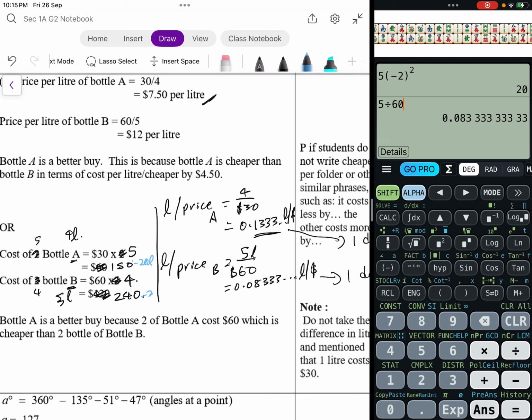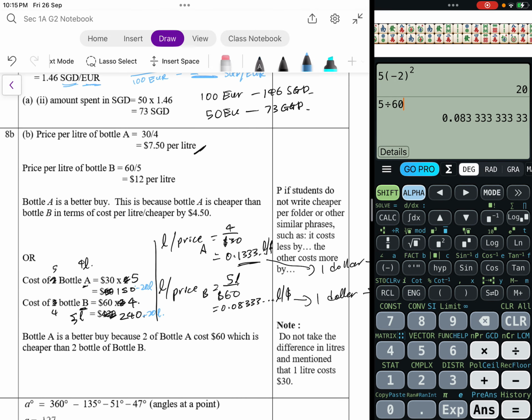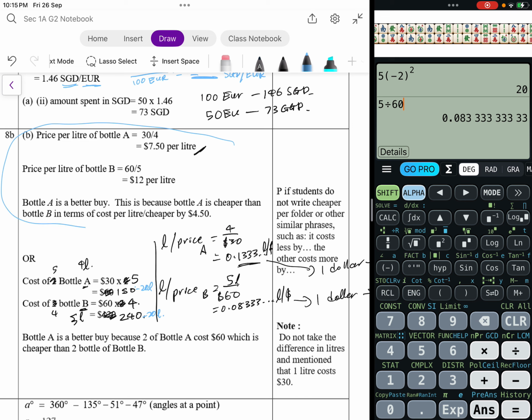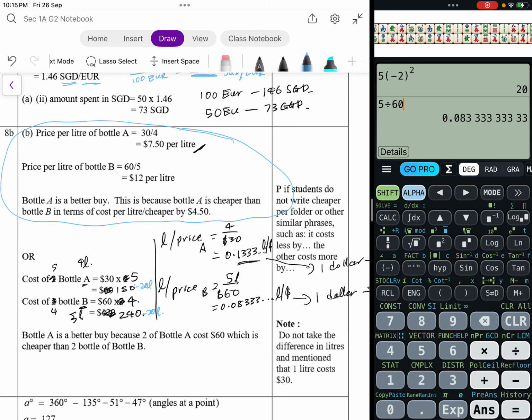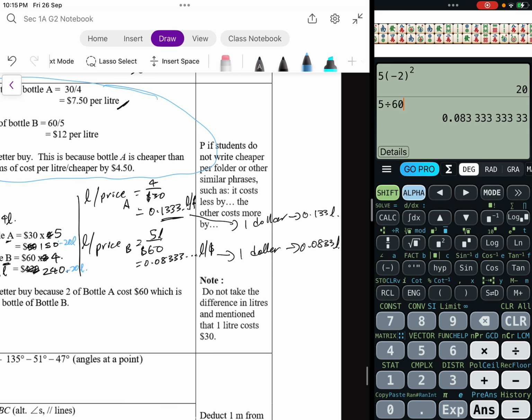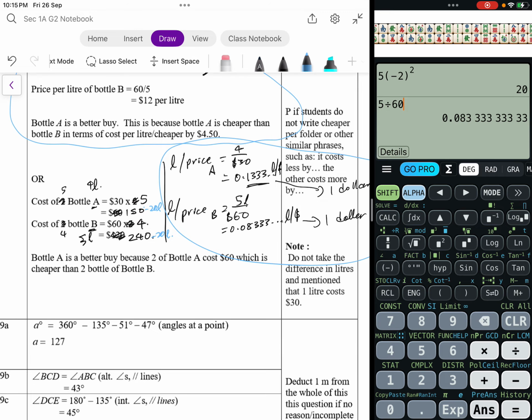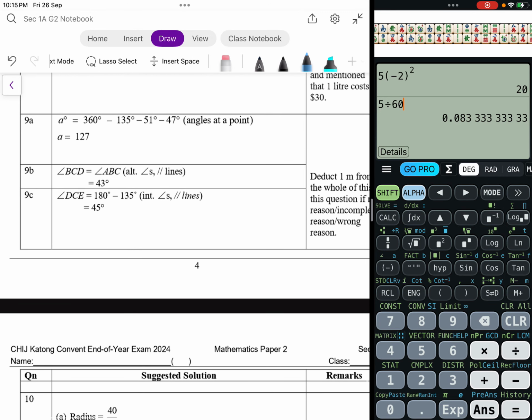This one is 20 liters. So when the liter is the same, you compare the cost, A is still cheaper. Okay, so up to you. I will say that this is the best, easiest, straightforward, easy to explain. This one may be difficult for some of you to explain, if you don't understand it well.